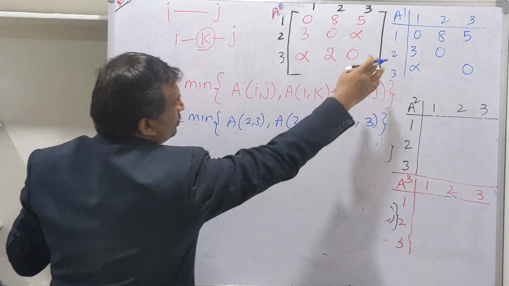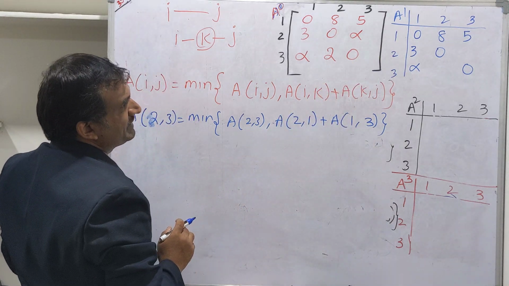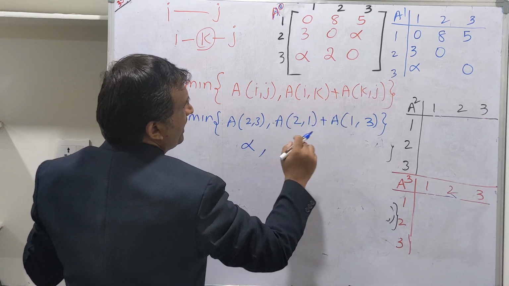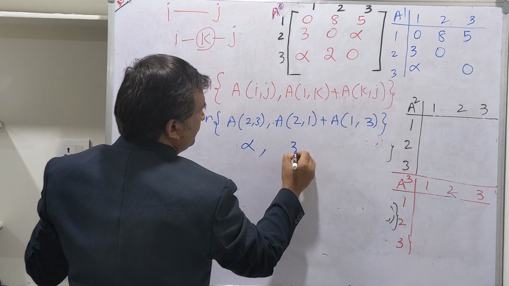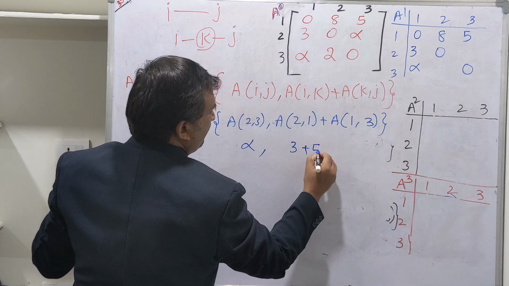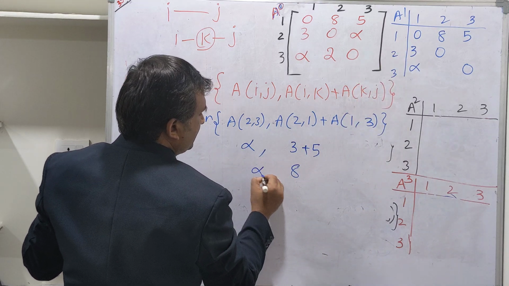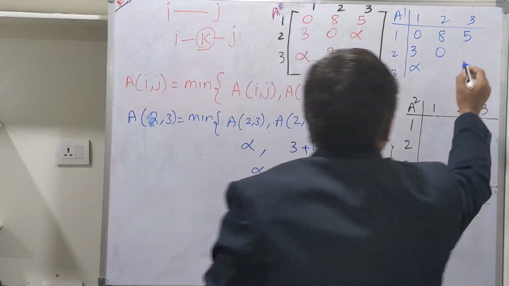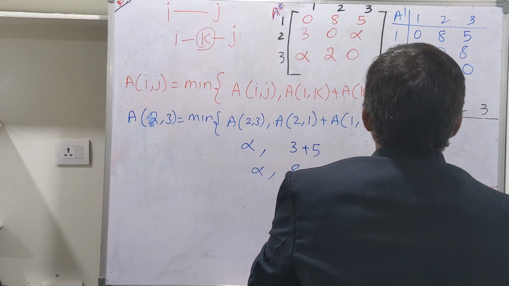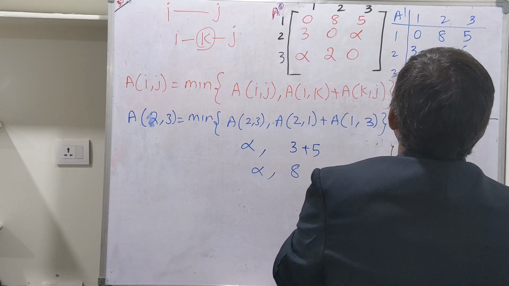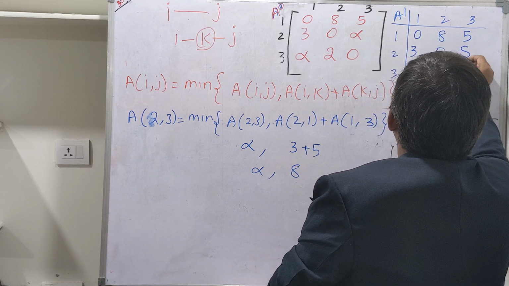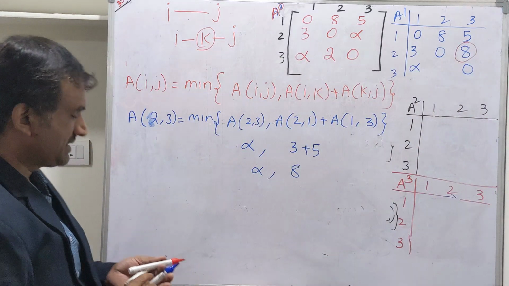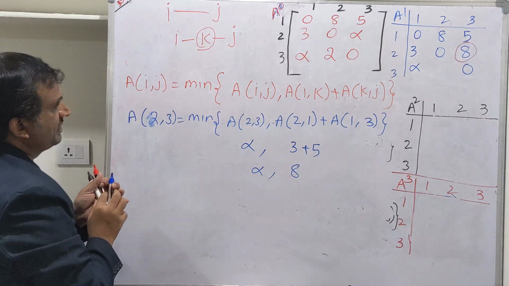So what is the cost of A of 2,3? The A of 2,3 cost is initially infinity. Now for i, k, the 2,1 cost is 3 plus the 1,3 cost is 5, and the cost is 8. So between infinity and 8, 8 is the minimum one. We'll update here, so the updated cost will be written like this. We will mark it.